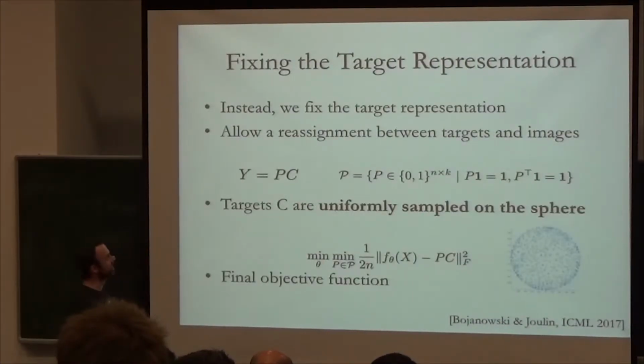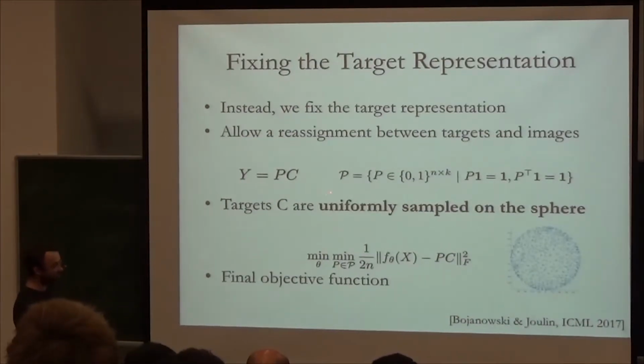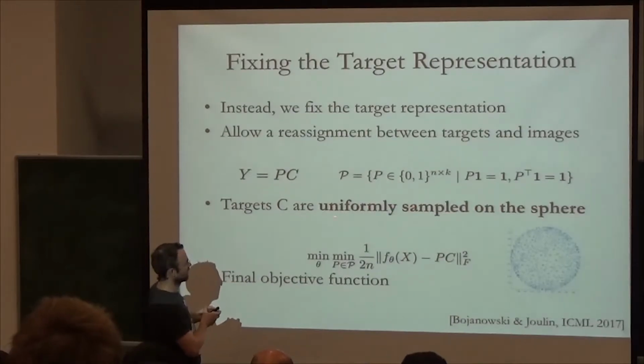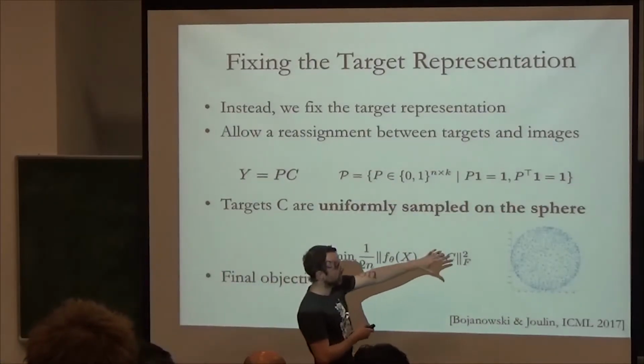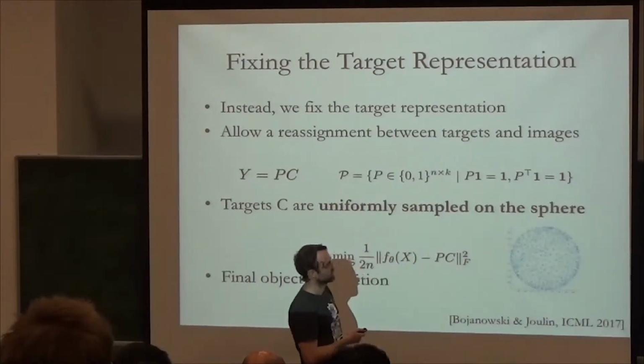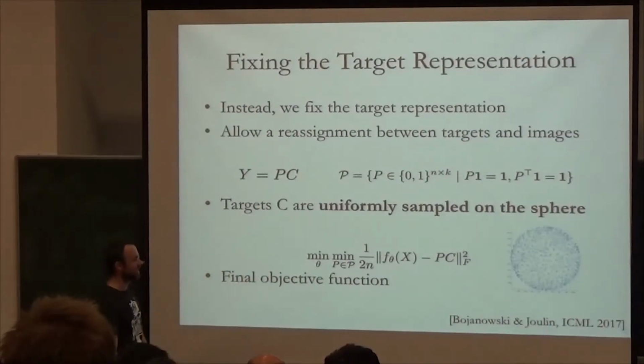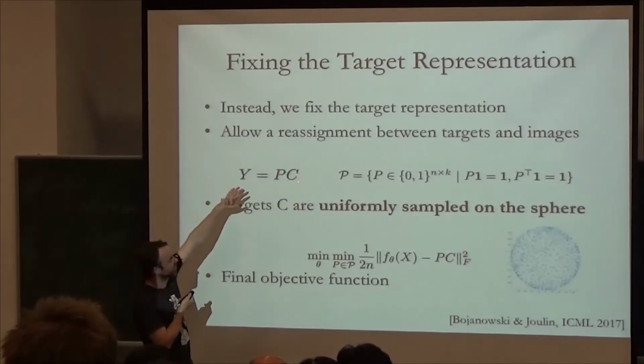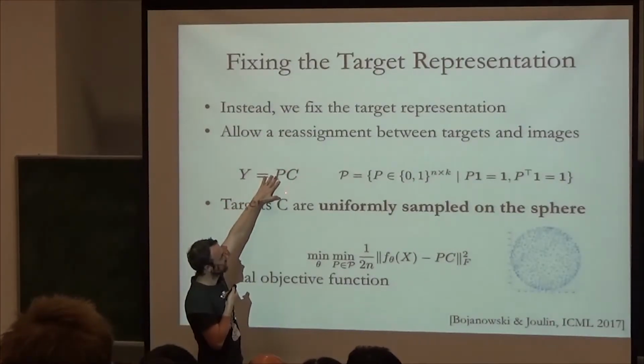So their idea, as I was outlining before, is that you're going to have a set of points drawn randomly on the unit sphere. This is obviously not just in 3D; it's going to be in some high dimensional space. Your targets y are going to be given by an assignment matrix P that is binary.